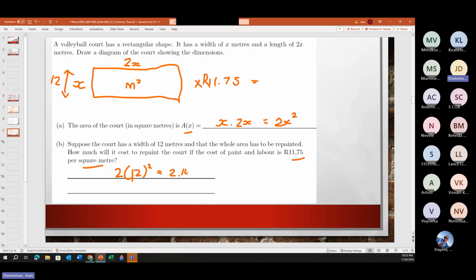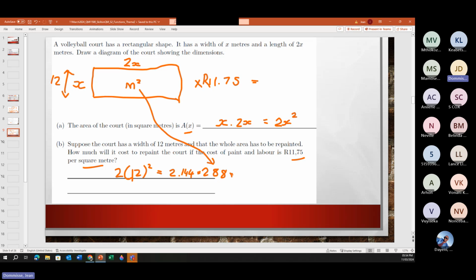And 144 times 2 gives you 288. So the area is 288 square meters.